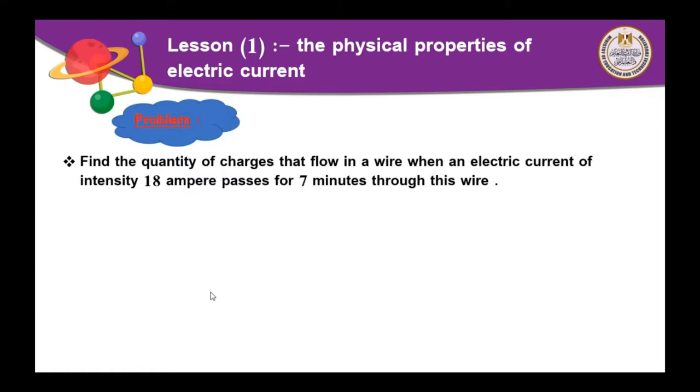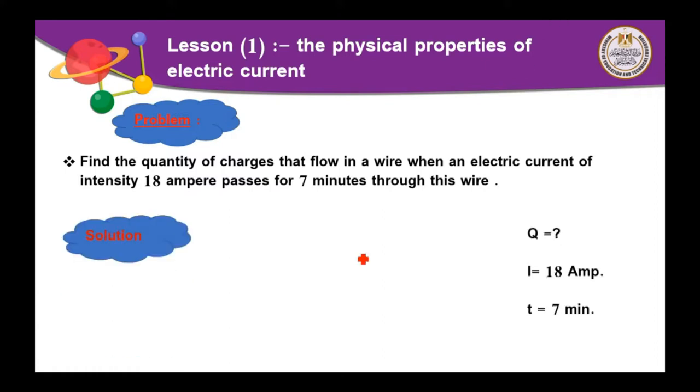The first step, we must write the given information. What is the given information? Electric current intensity equals 18 ampere, the time taken equals 7 minutes. I ask you about the quantity of charges.